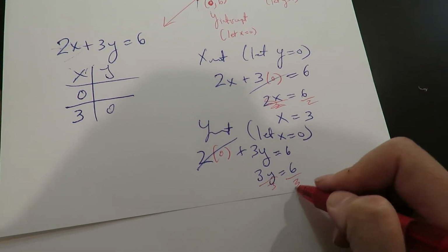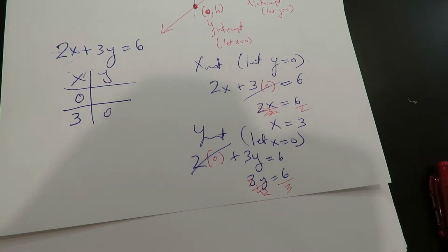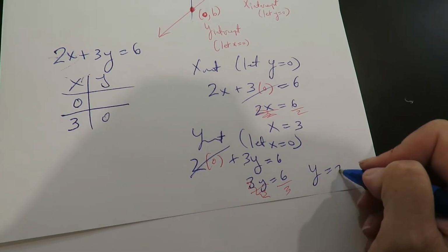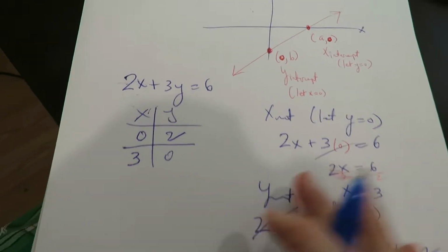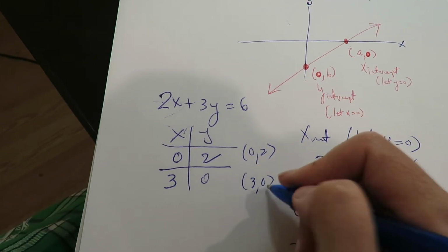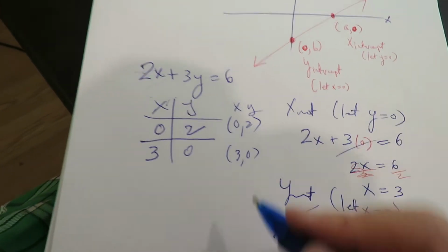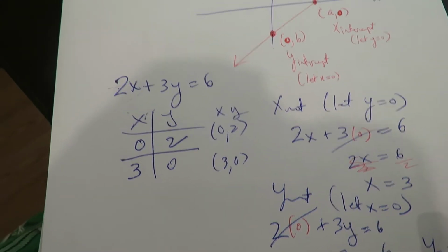Divide off the 3. That gets rid of that, and you get that y equals 2. The table is a different way of writing coordinates, so some people prefer to write it as a coordinate. Okay, all right, let's draw this guy.